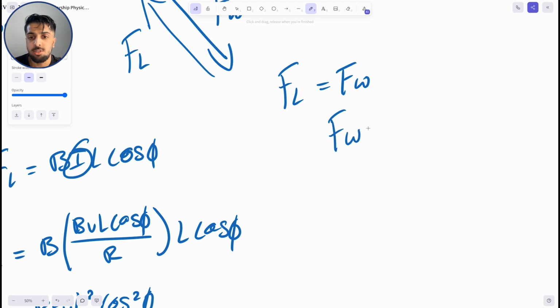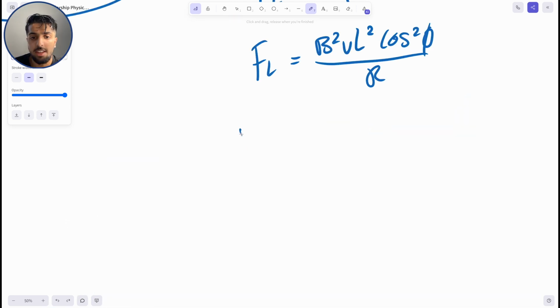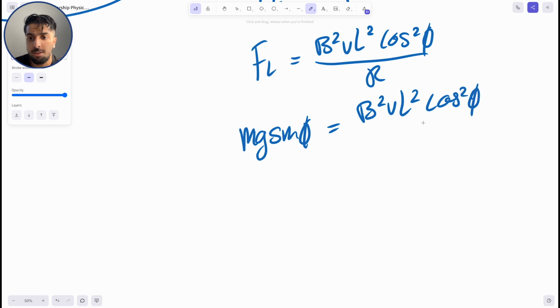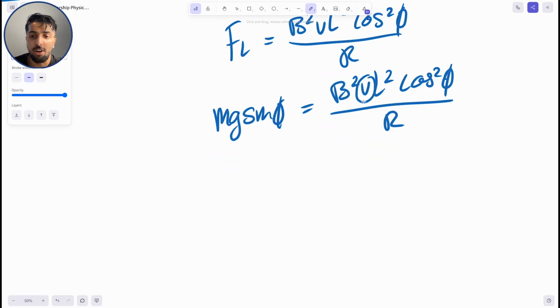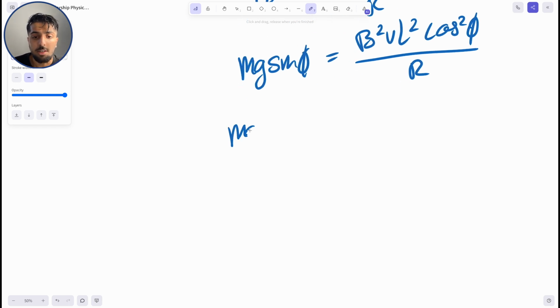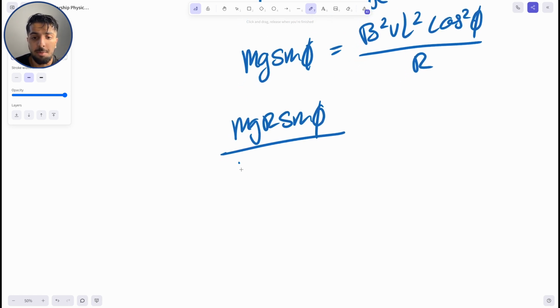Now our weight force is still equal to mg sine phi, and therefore mg sine phi is equal to B squared vL squared cos squared phi all over our resistance. Now rearranging this for our velocity, we get mgR sine phi all over B squared L squared cos squared phi is equal to our velocity.